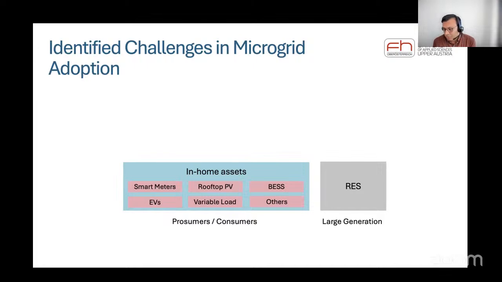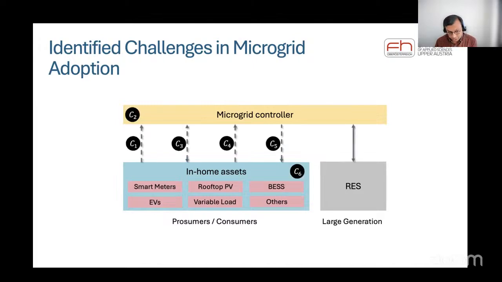These are the renewable energy sources that also exist in connection to the microgrid. And the central part is the microgrid controller, which in real time enables the interaction between all these components to balance the demand and supply on the grid, but also in the deployment phase and the planning phase, it anticipates how the microgrid could function.